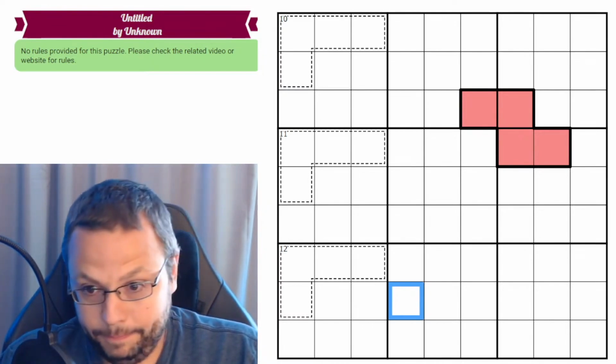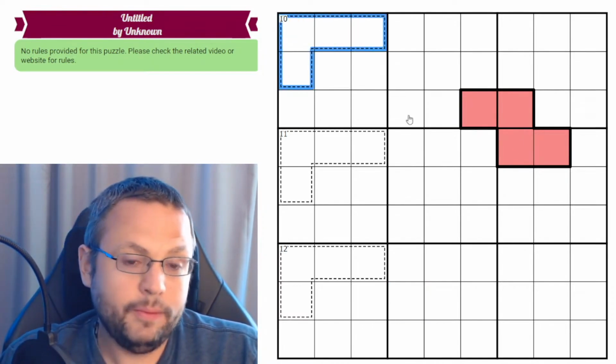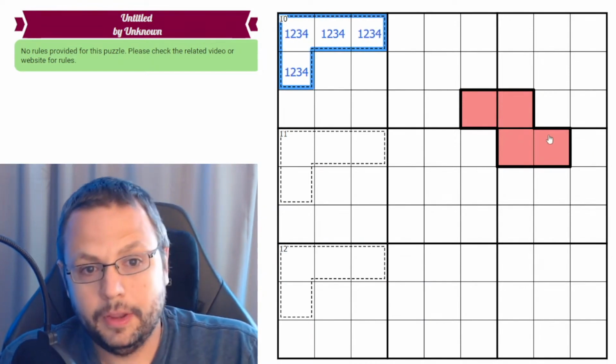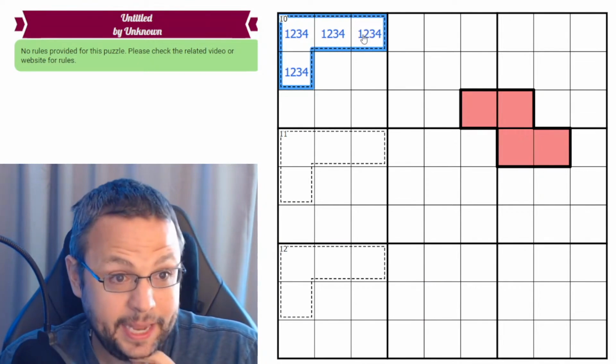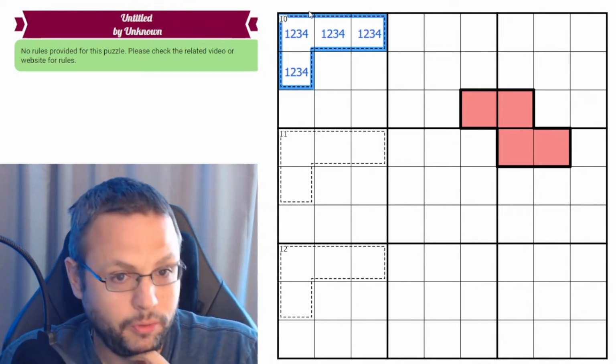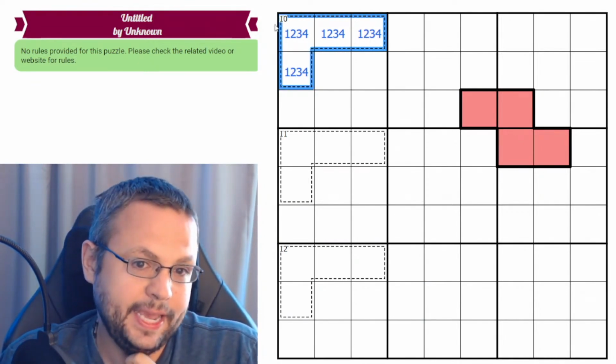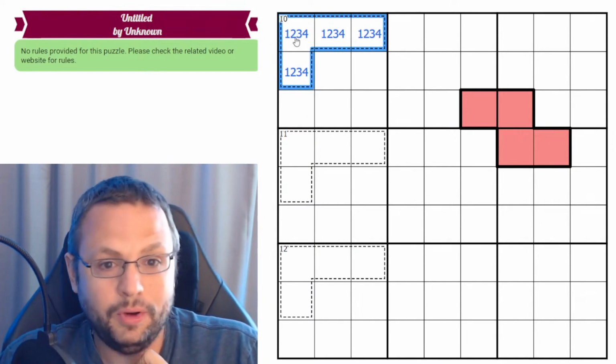So, for example, this cage, if I were to minimize it, the minimum would be if I put 1, 2, 3, 4 in here. And so that gives you a total of 10. Well, that conveniently is the total. So the only way to make 10 in 4 is as 1, 2, 3, 4.